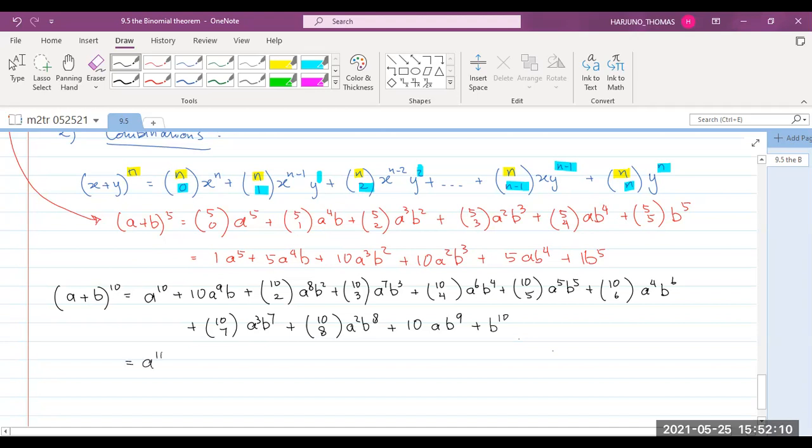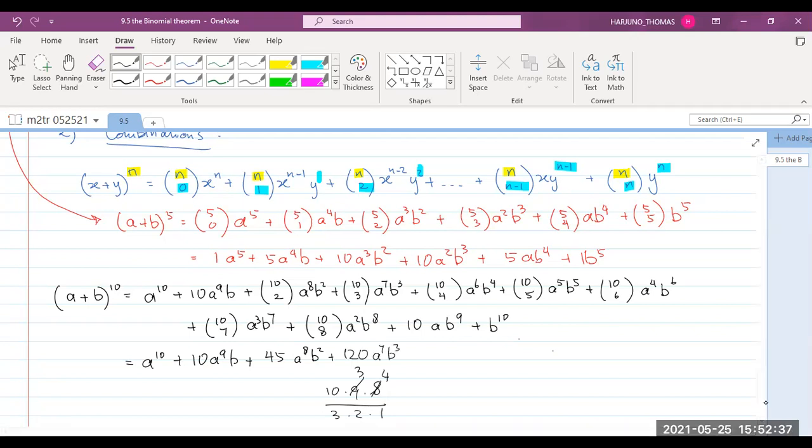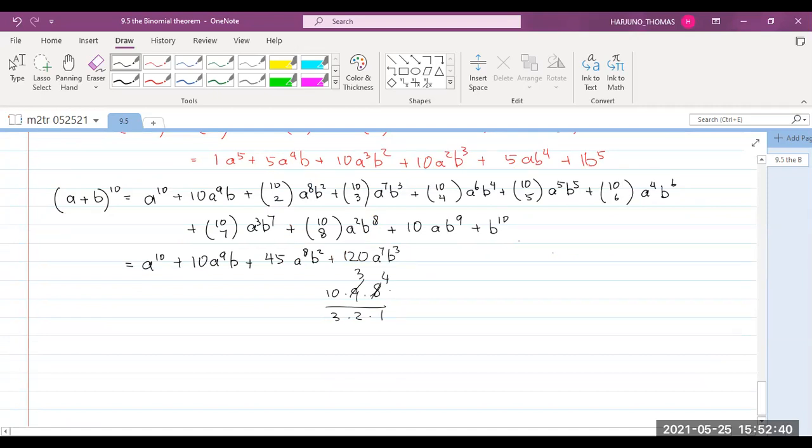So this is a to the 10 plus 10 a to the 9b. 10 choose 2 is 5 times 9, which is 45. 10 choose 3 is 10, 9, 8 over 3, 2, 1. This is 3, this is 4, that's 120.